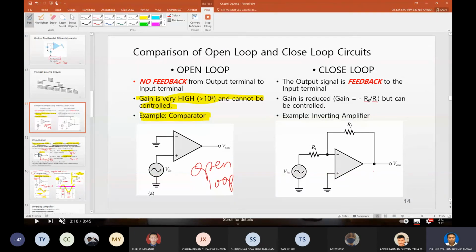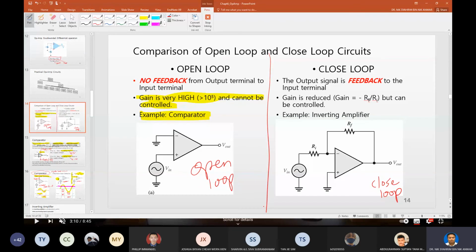And the other option that we have is called closed loop. On the right hand side here, you have a closed loop. What is meant by closed loop? Closed loop is when you use feedback. When you have feedback, you take from the output and feed a portion of the signal back to the input. So this is what we refer to as feedback.